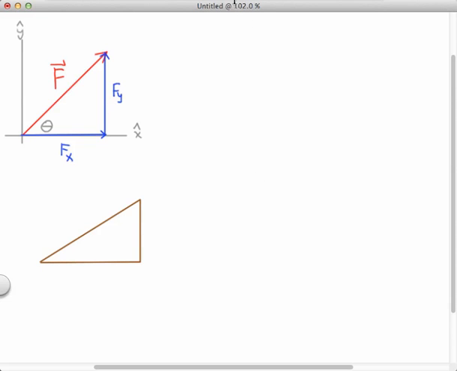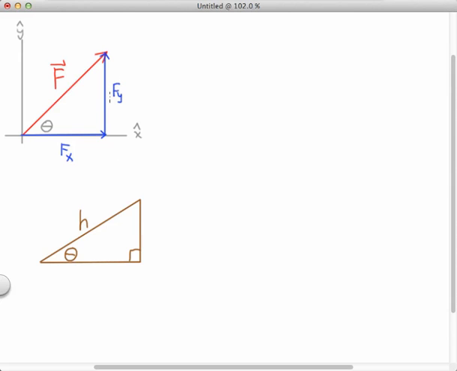And if I then label the sides of this triangle, we know that the long side is the hypotenuse. So I'll put an H there for the hypotenuse. This, of course, is the right angle. This is the angle theta, whatever it is. So it's very much like the triangle we have in our force diagram, where the hypotenuse is the force, which is always going to be the case.